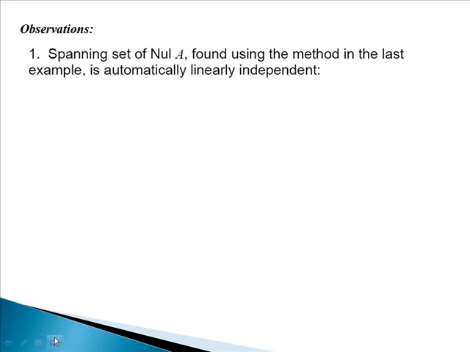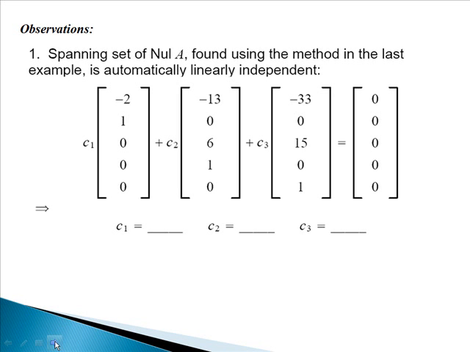So let's sum this up. Some observations. Number one, the spanning set of the null space of A is found using the method that we just did in the last example. It is automatically linearly independent. This is because the free variables are weights on the spanning vectors. Notice we used c1, c2, and c3, and this one we called u, this one v, and this one w.